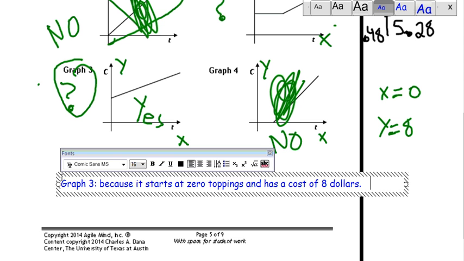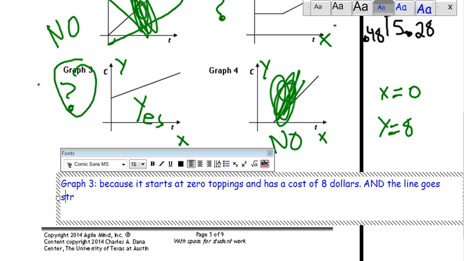And the line goes straight, which means it's a steady increase of 48 cents for each topping.